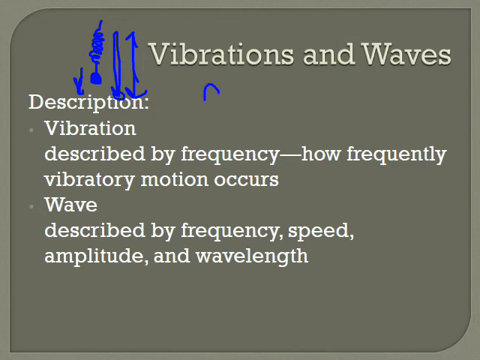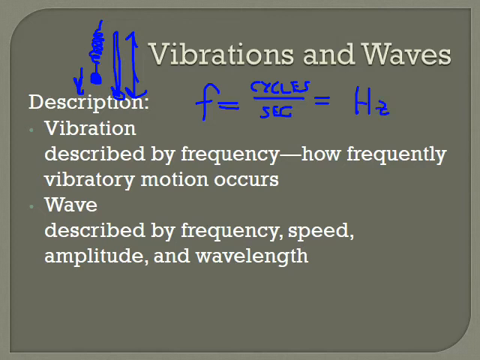So it turns out that frequency, usually given as an f, is the number of complete cycles that vibratory motion goes through in a second. Cycles per second. That unit, cycles per second, is usually abbreviated as hertz.